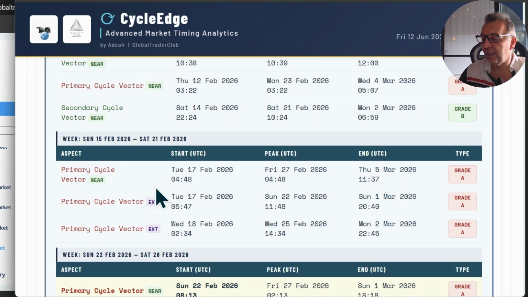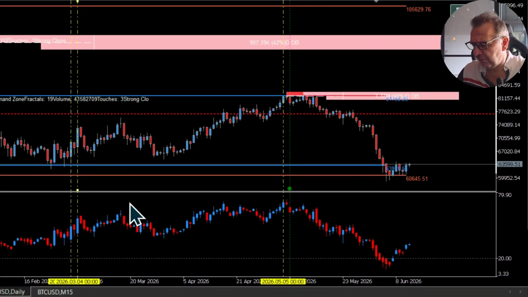What else? Let's take a look at, for example, I've got a grade A here. Look where these started. Now remember, these 17 February starts, they were in the month of February. We can actually go and check that out. Let's look at this. On the 17th and 18th, I've got 3 grade A starts. Let's go to 17 and 18th of February.